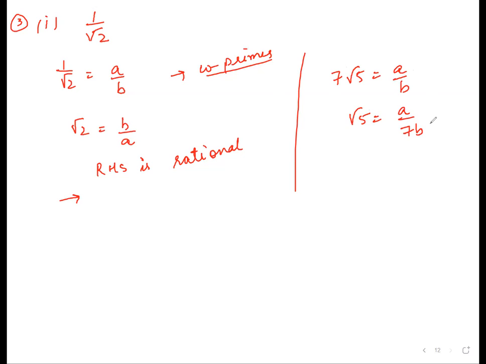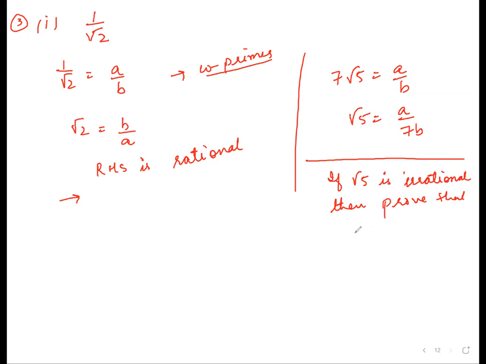But the thing to note here is that sometimes the question is given that if under root 5 is irrational, then prove that 7 under root 5 is also irrational, right? And it's a 1 mark or 2 mark question.